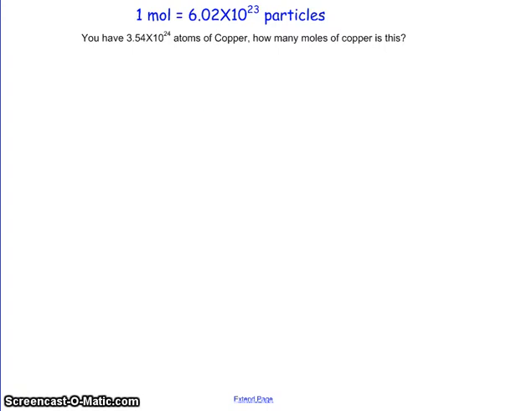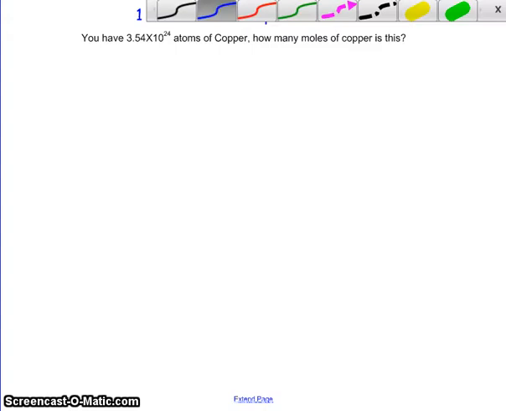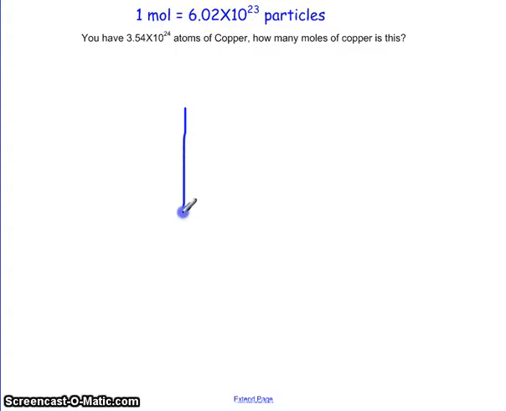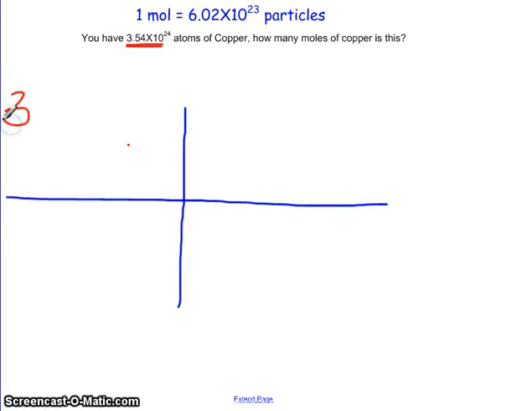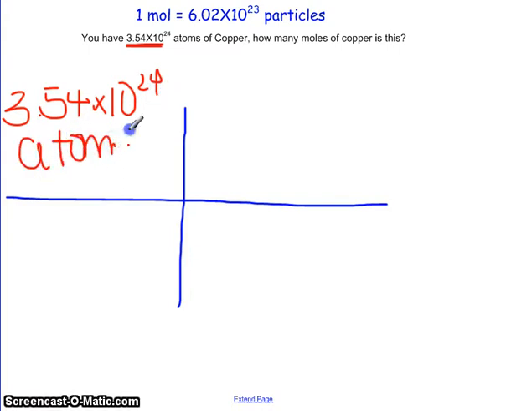So we start off with our T-chart, which is what we use for dimensional analysis for converting between units. In this top left corner, you always put what you're given in the problem. So I have 3.54 times 10 to the 24th atoms. Always put your units. Since I have atoms here, I also need to have atoms here.